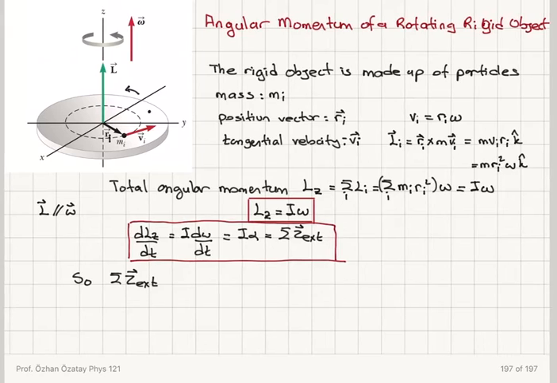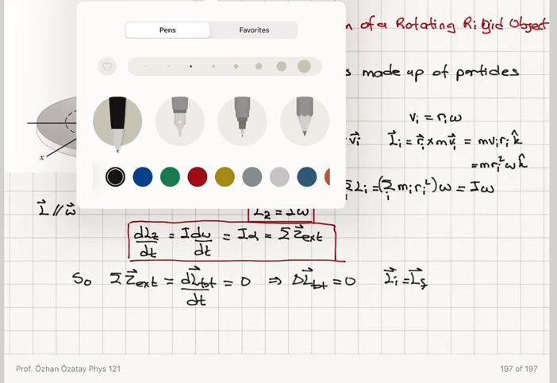So dL dt is equal to the net torque. As we have shown previously, if the net external torque acting on this object is 0, that means dL total dt is 0, then the angular momentum must be a conserved quantity.